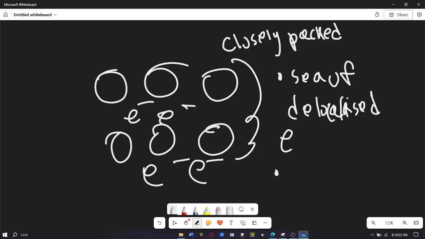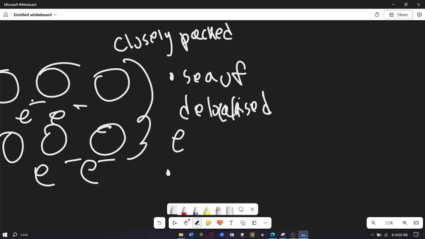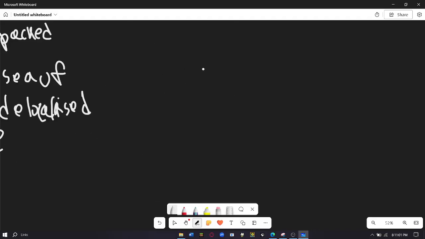Now we go to covalent bonding. I think you know what covalent bonding is. What we want to know is the properties of a few specific covalent structures, called giant covalent structures, which are diamond, graphite, and sand.